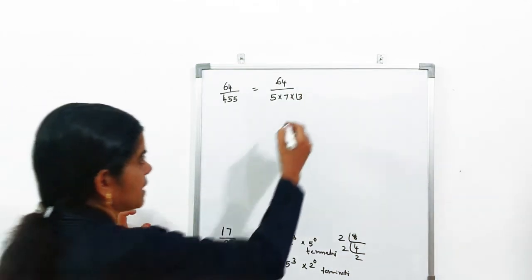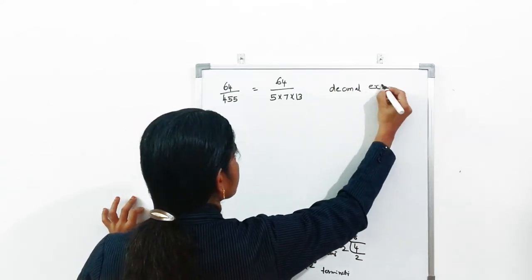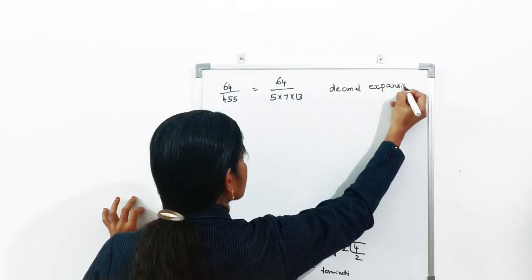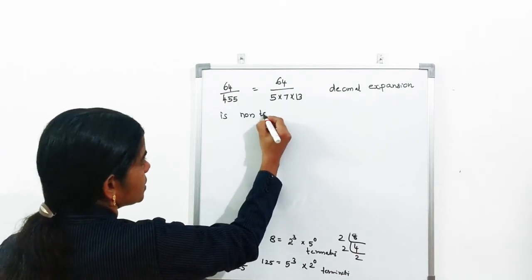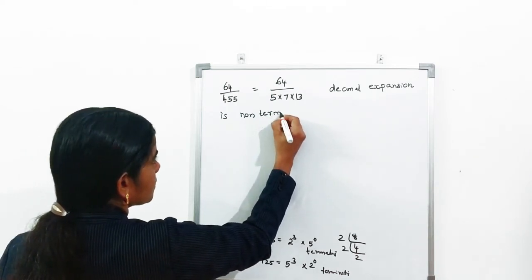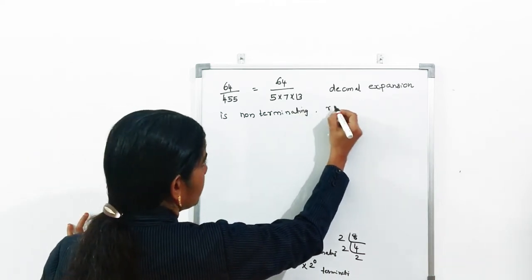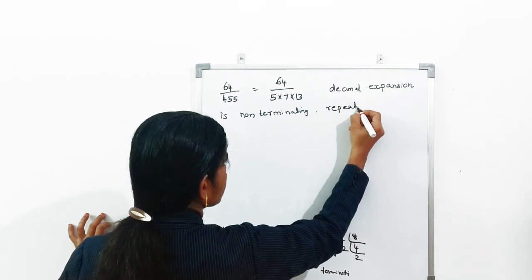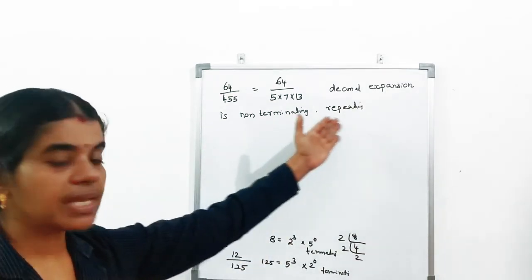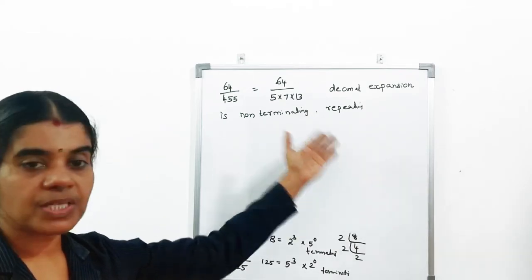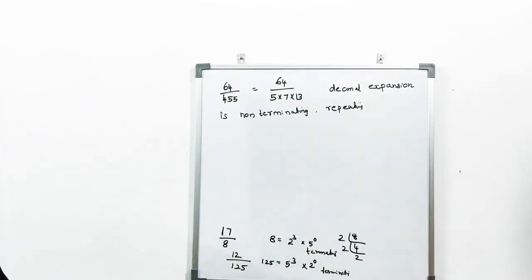Therefore, the decimal expansion is non-terminating recurring, otherwise we can say repeating. Both are the same, repeating or recurring. Then I will show one more example.